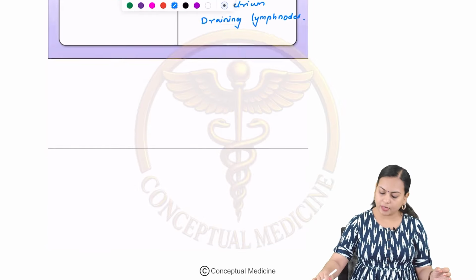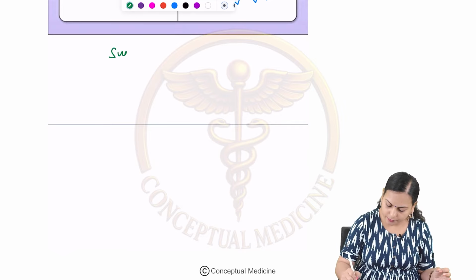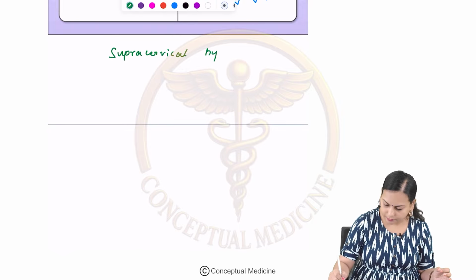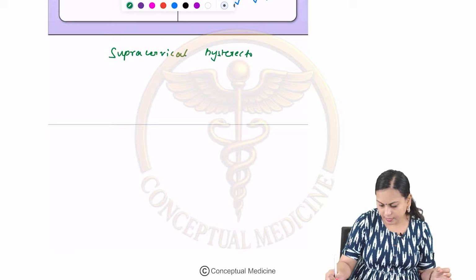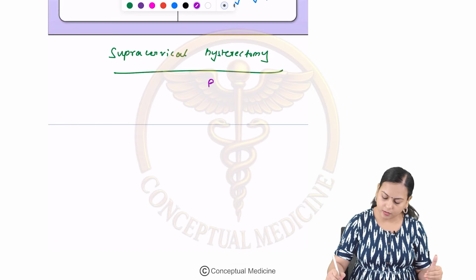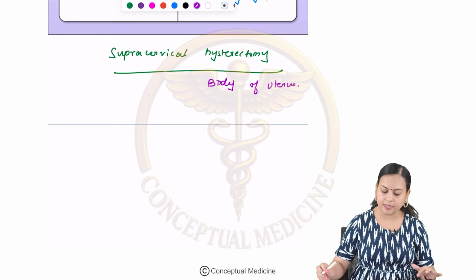You can also have a supra-cervical hysterectomy. So supra-cervical hysterectomy means you will be removing only the body of uterus. That is supra-cervical hysterectomy.